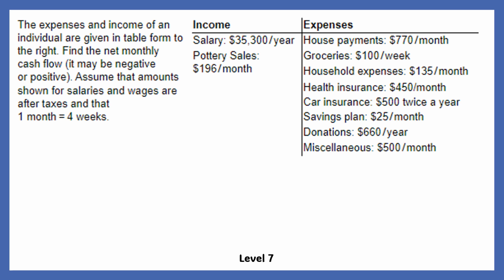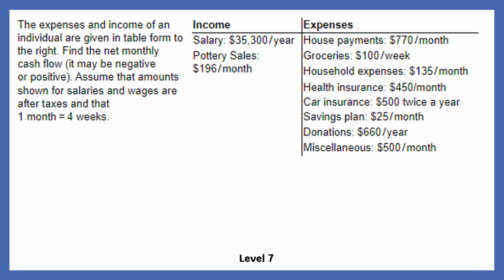And the key to doing a monthly cash flow is to include things that don't necessarily have one cost per month. Like groceries, you might buy groceries every week, so you need to account for that multiple times. Some things you won't pay every month, like car insurance, you might only pay twice a year, so you need to scale that down to fit the appropriate time frame.